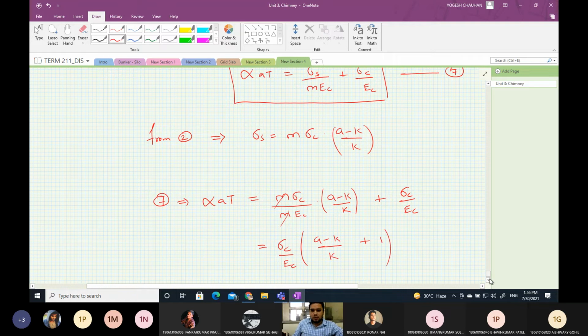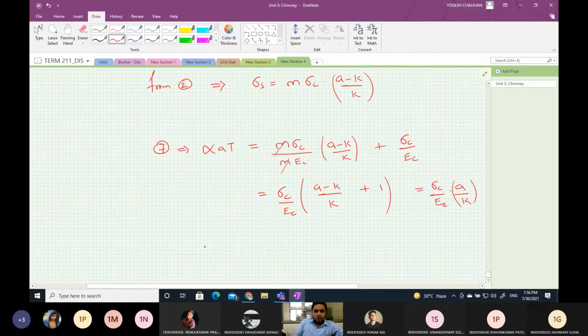Okay, so this will be equal to sigma c by Ec times a, because if you take this a on the right side, it will be a by k. So finally you have alpha t is equal to sigma c a by Ec times k. So this a gets cancelled out.